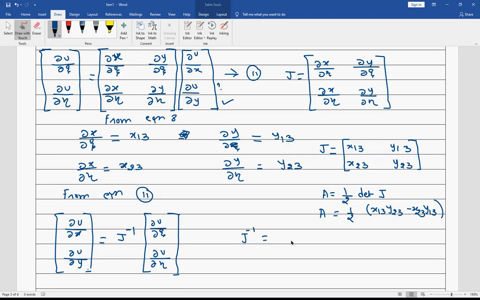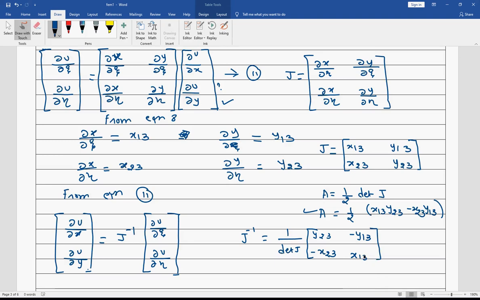Now what is J inverse? It is 1 over determinant of J, and area we can get easily, and the transpose of J, so it is y23, x13, with the sign changed. So this is my J inverse basically.